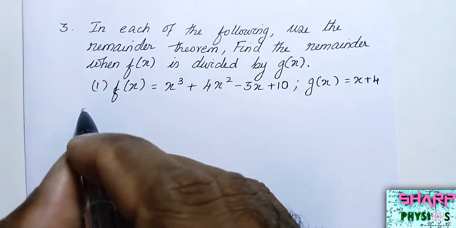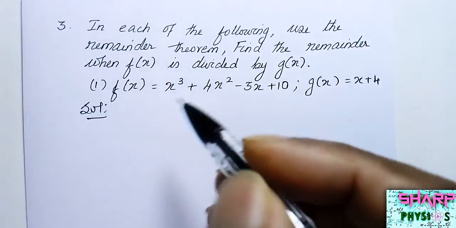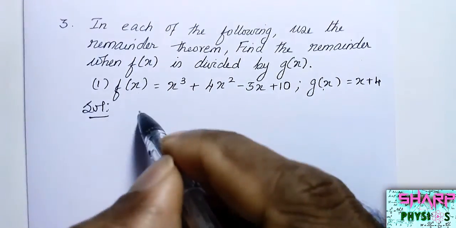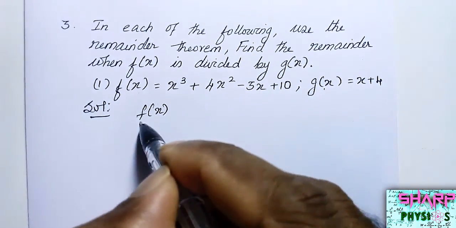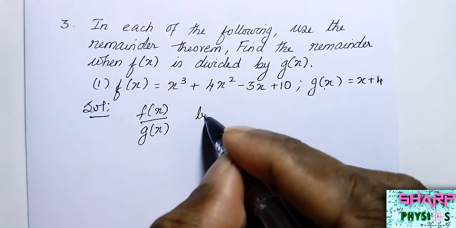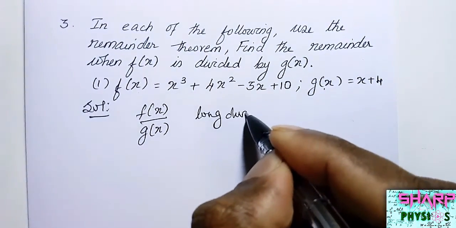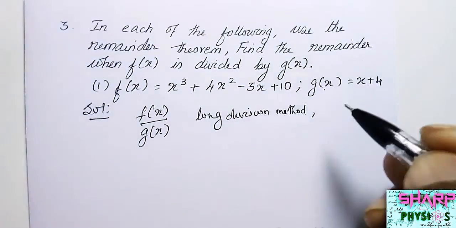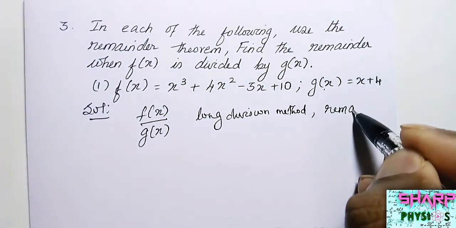So we will solve this one. You have to divide f of x by g of x. That is, f of x should be divided by g of x. You have two methods in this. One is you can divide it by the long division method, and another one is the remainder theorem which we are studying now.